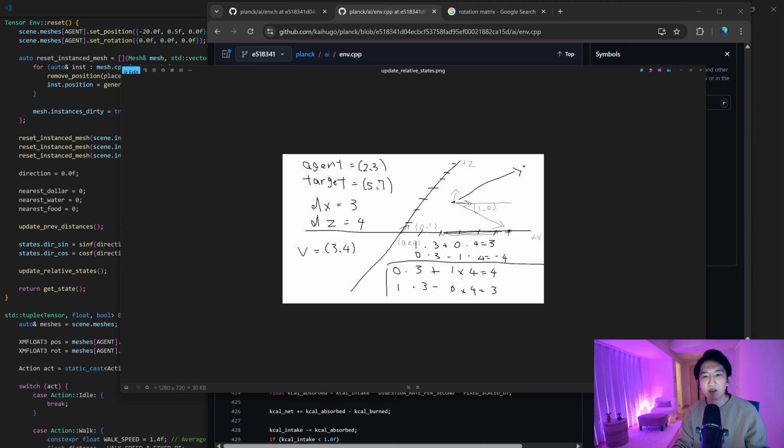3 units to the right would be here, and 4 units to the front would be this. And this is clearly a wrong target, because the actual target position vector is here.